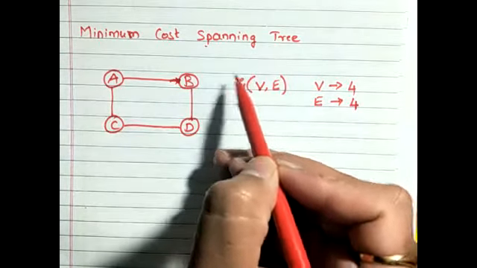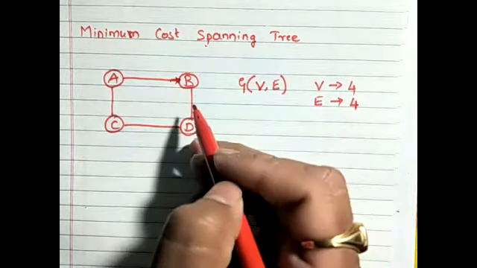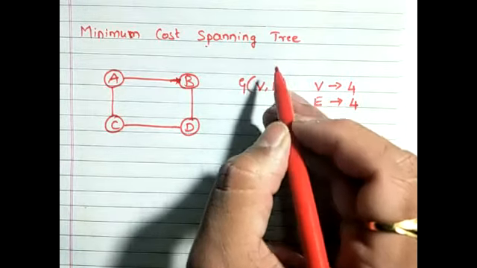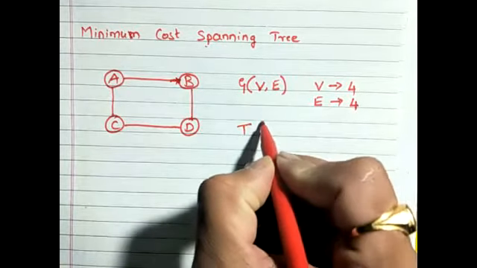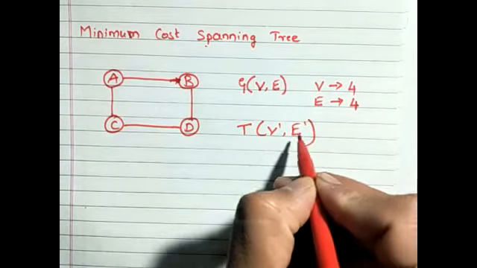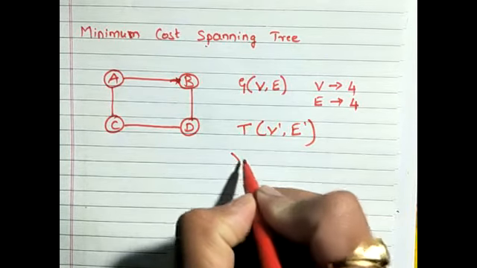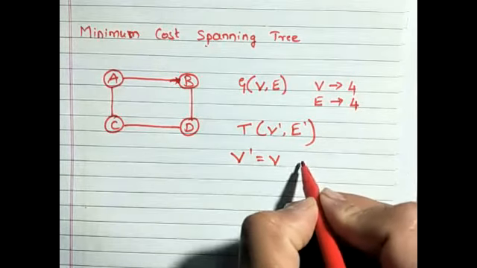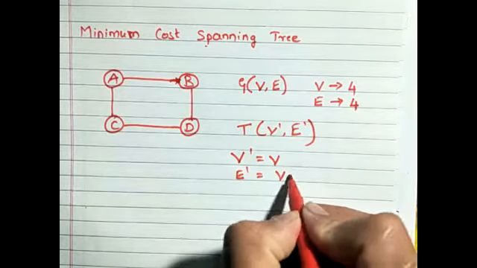A tree can be called a spanning tree if and only if, pay attention students, there exist V dash and E dash as the number of vertices and number of edges, such that V dash is equal to V and E dash is equal to V minus 1.